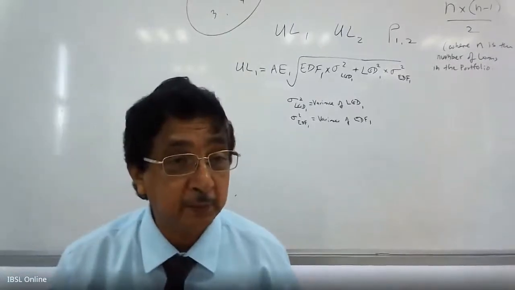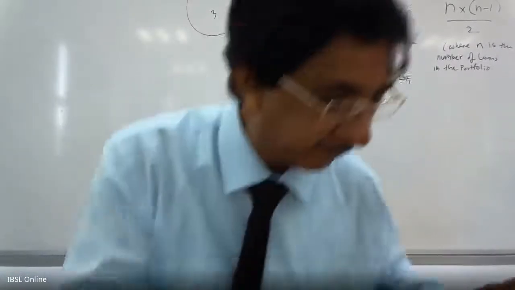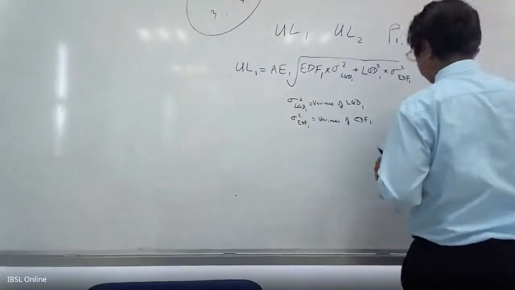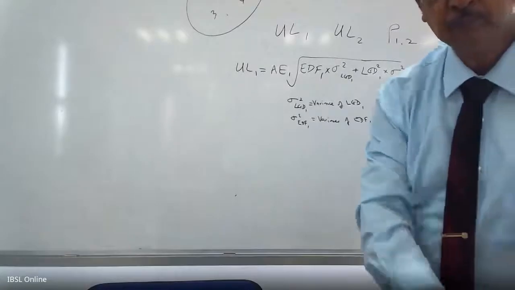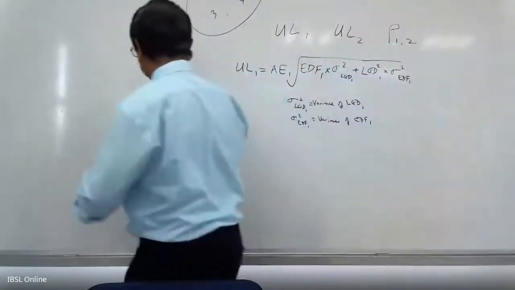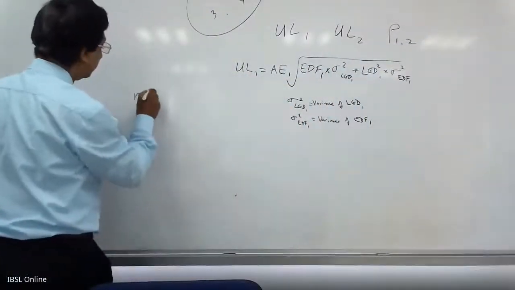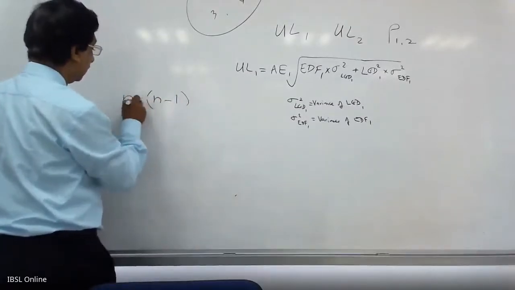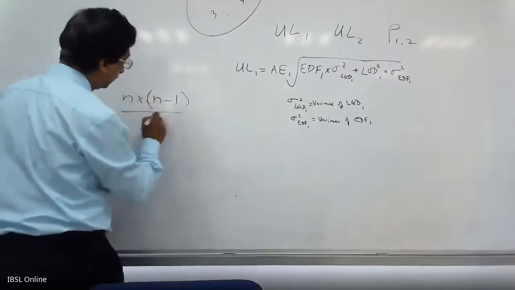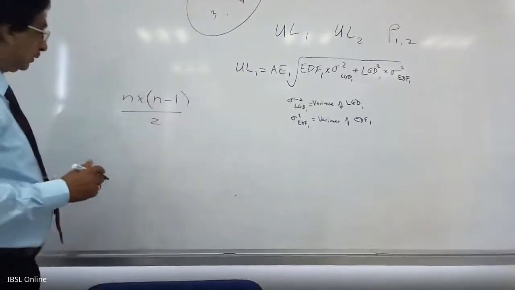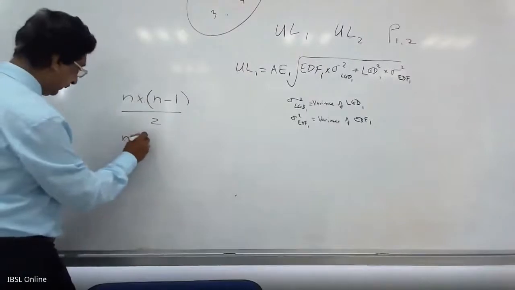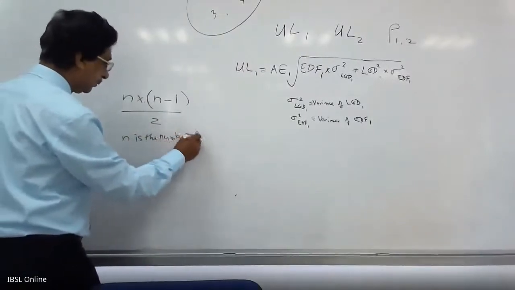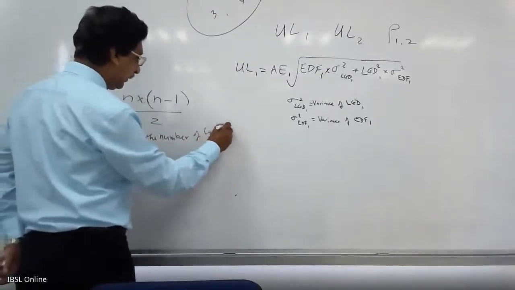I don't know whether you can see that. Anyway, I will put it somewhere else. N into n minus 1 divided by 2, where n is the number of loans in the portfolio.